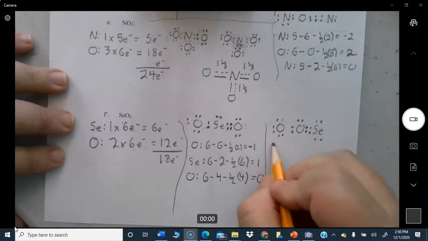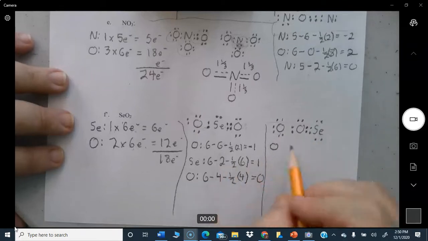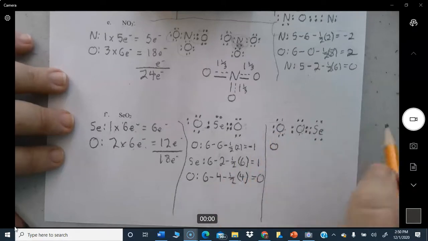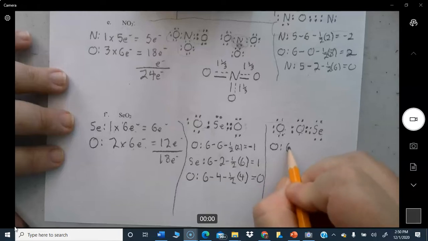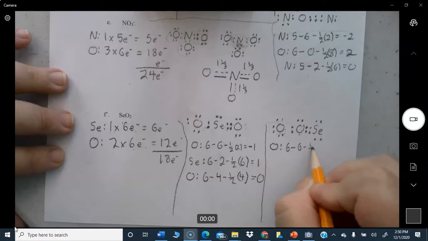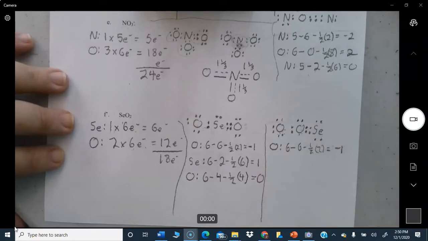Okay, let's try this one, the O on the left. I'm always starting left to right, so when you see 2 O's here, it's going to be O on the left, O on the right, O in the center, and then Se. I do it from left to right. Okay, and that is going to be 6 minus lone pair here is 6, minus bonding is 2, so half of 2. Also -1.